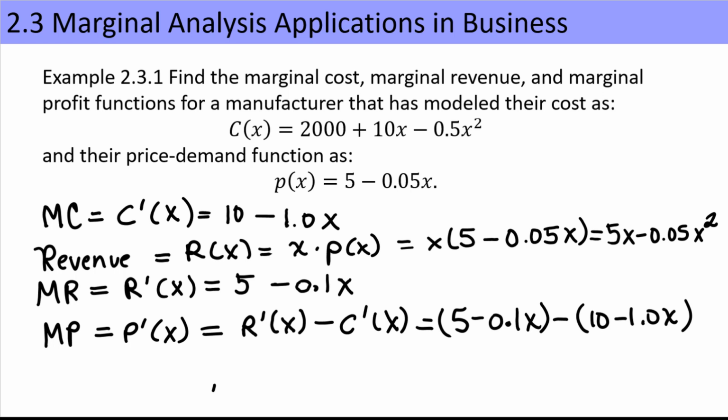Perform the arithmetic and we get that the marginal profit is equal to 5 minus 10, which is negative 5, negative 0.1x minus negative 1.0x, which would actually be positive 0.9x.